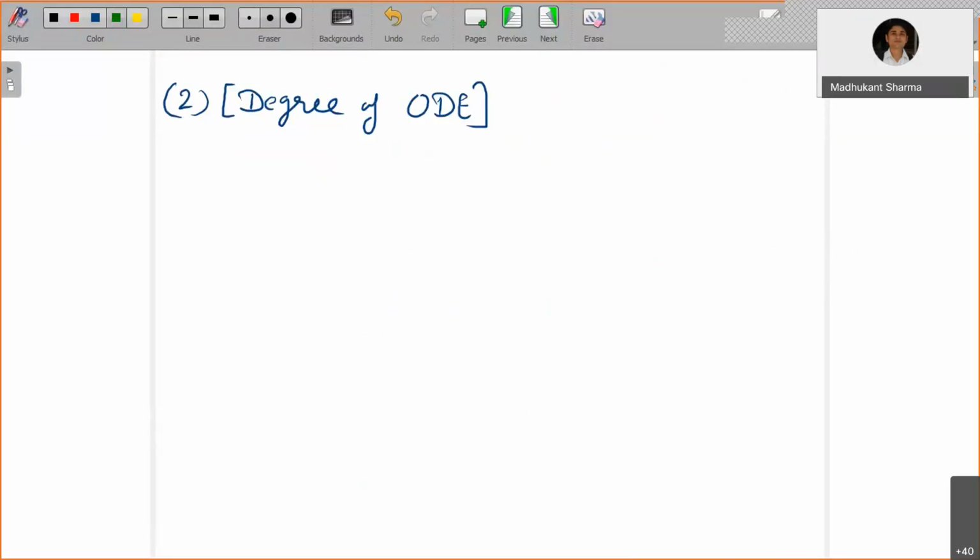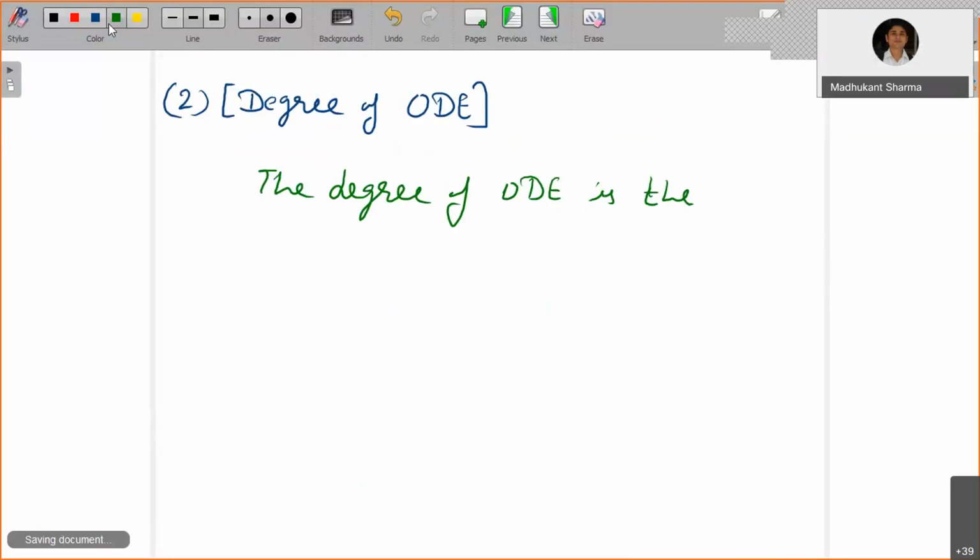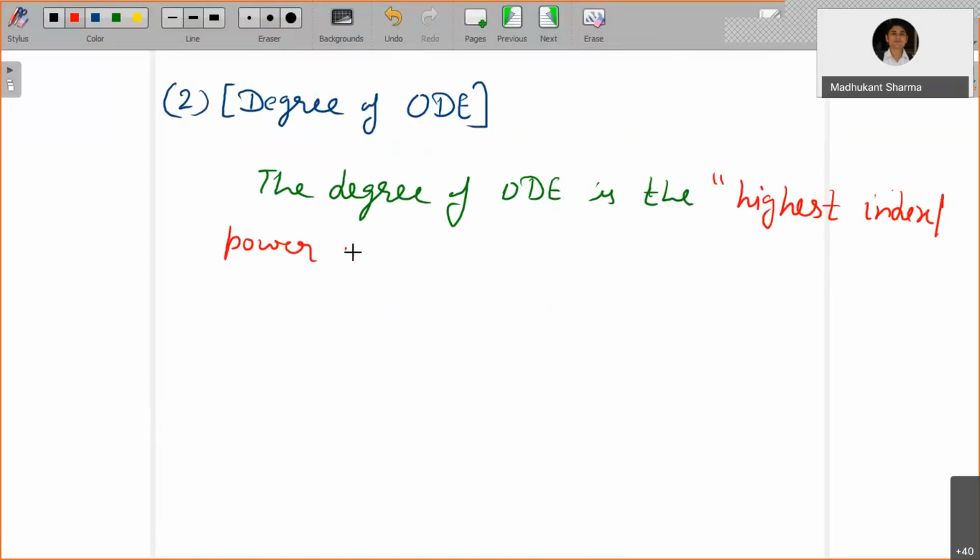The degree of ODE is the highest index, or power, you can say, of the highest order derivative.